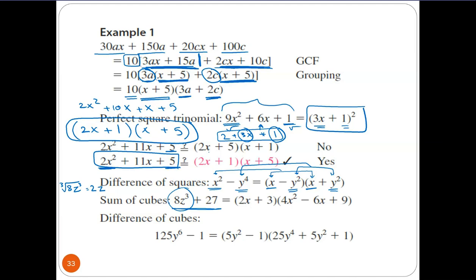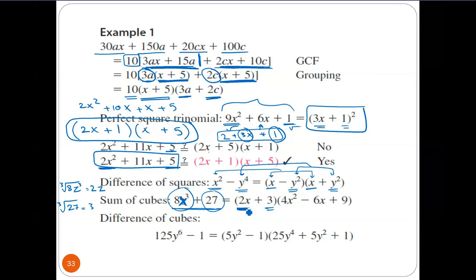Now, 2x, put it as x, no problem. So we have 2x. The second one, the cube root of 27 equals 3. So put 3.